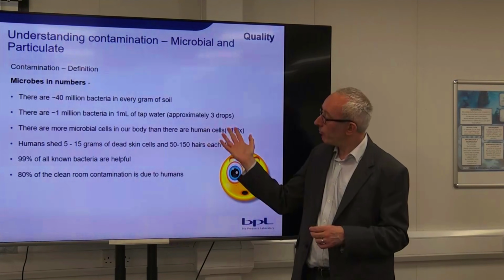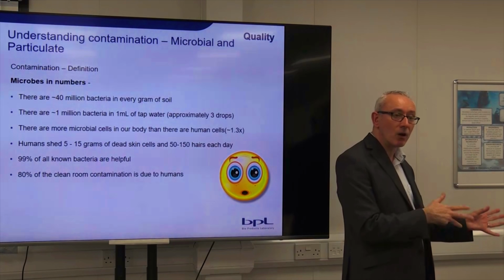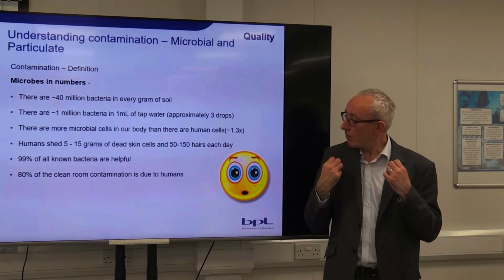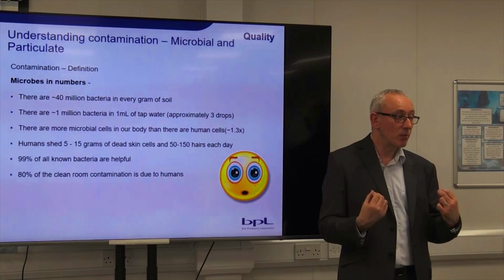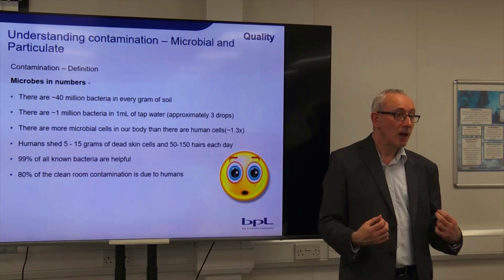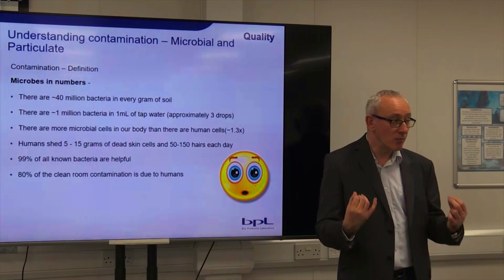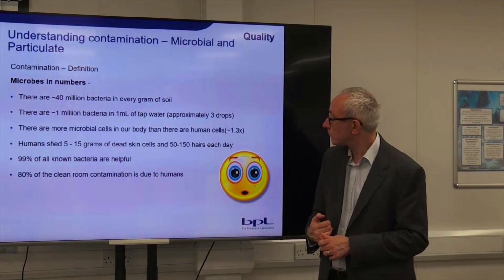In terms of the human body, and we're going to look at something called the human microbiome in a minute, there are more microorganisms in our body than there are human body cells. And there's now evidence that we need those microorganisms in order to keep ourselves in a healthy condition.